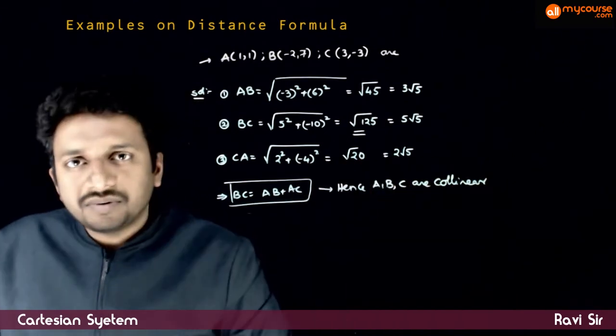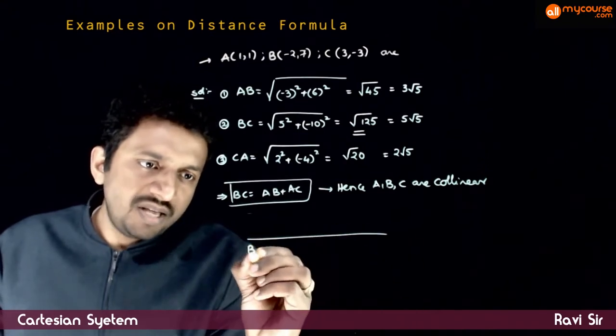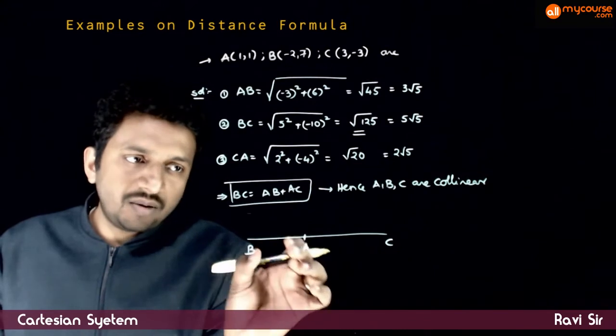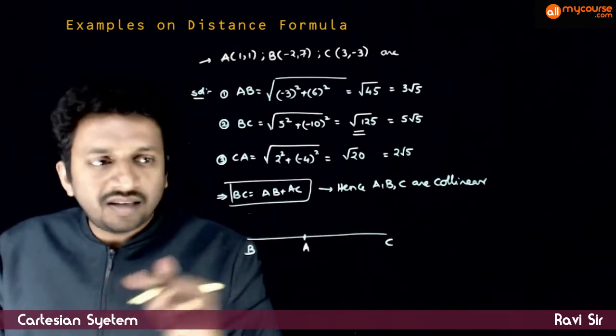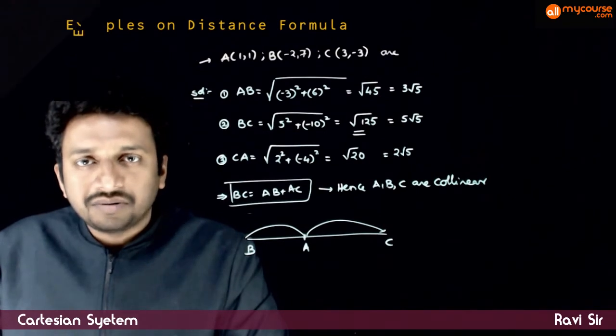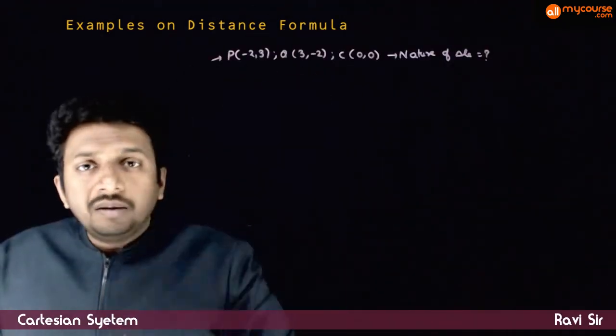That's the conclusion. So as you can see, if you have B here, C here, A here, BC is equal to AB plus AC. Hence, the 3 points are collinear. That's the conclusion.